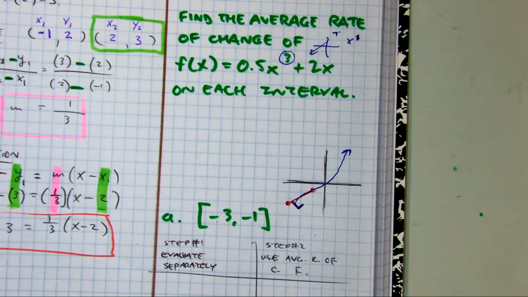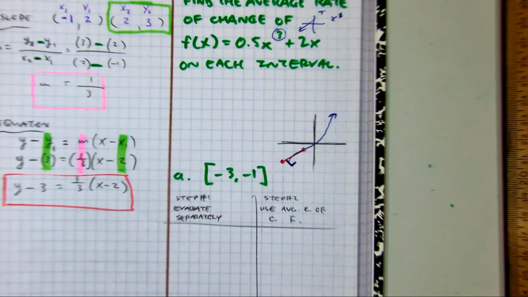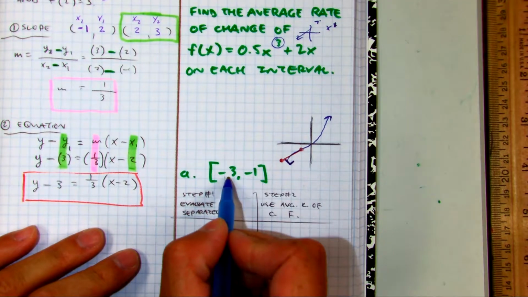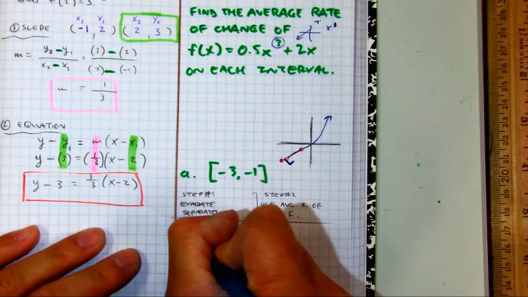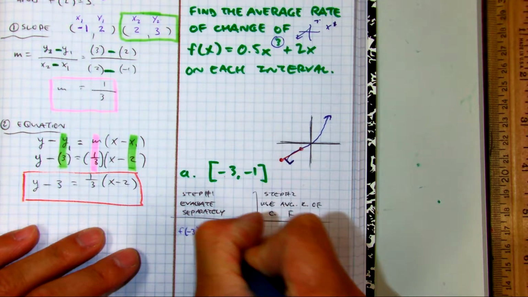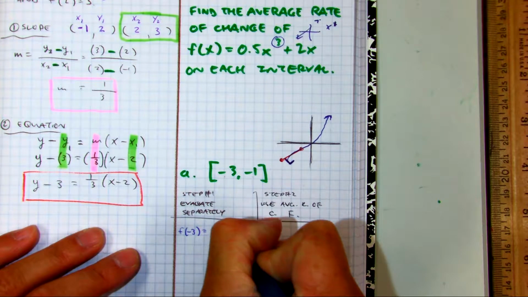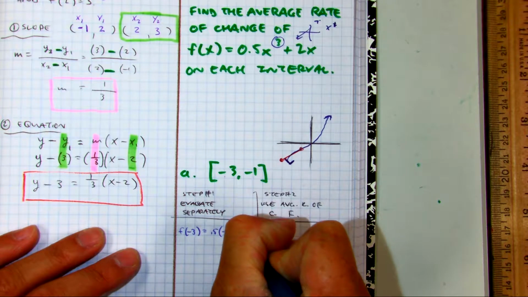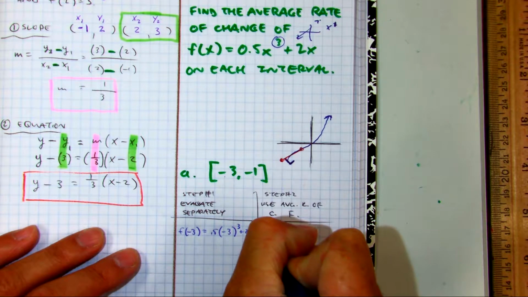It says evaluate separately. So all I'm going to do is put -3 into the function. f of -3 equals 0.5 times -3 to the third power plus 2 times -3.